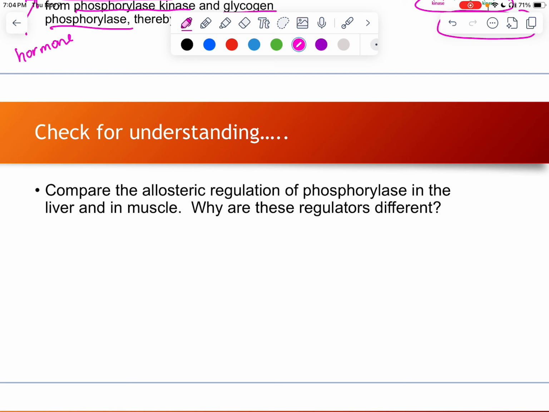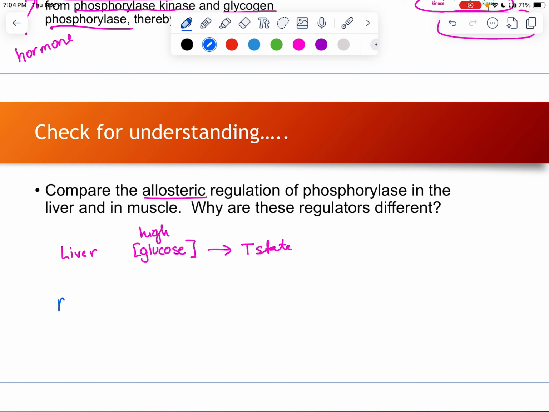All right, allosteric regulation. In the liver, we had that glucose concentration. And we said when there was high glucose concentration, it converted it to the T state. So high glucose caused it to convert to the T state, and that slowed things down.